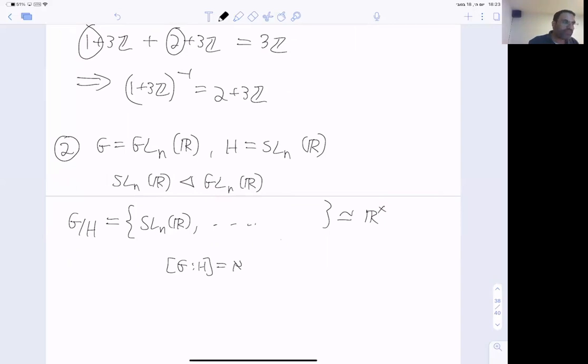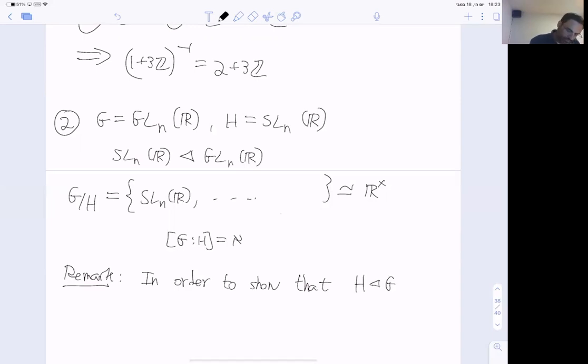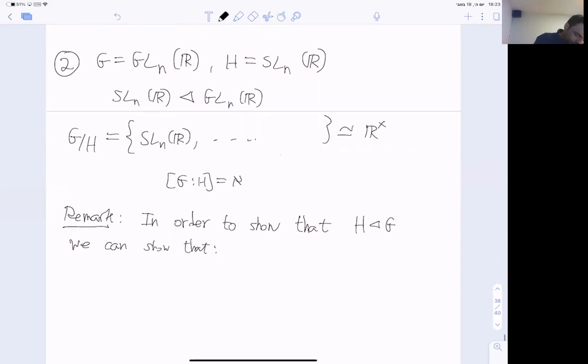Now, why is it normal? I have some minutes. A remark: in order to show that H is a normal subgroup of G, we can show that for any g of G, gHg^-1 is equal to H. Why?